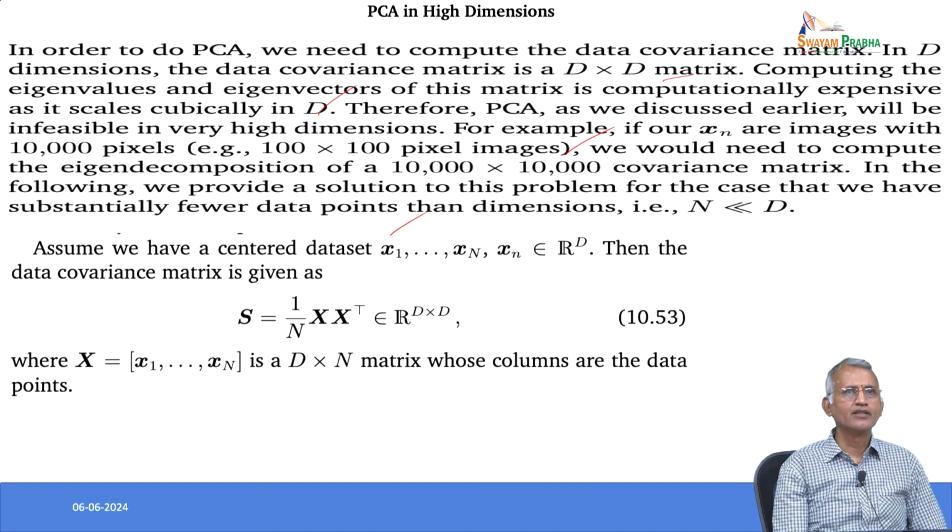Assume we have a centered data set x1, x2, and so on up to xN, where x_n is in R^D. Then the data covariance matrix is given by S = (1/N) X X^T, which belongs to R^(D×D), where X = [x1, ..., xN] is a D cross N matrix whose columns are the data points.